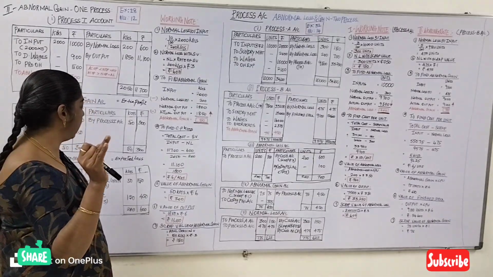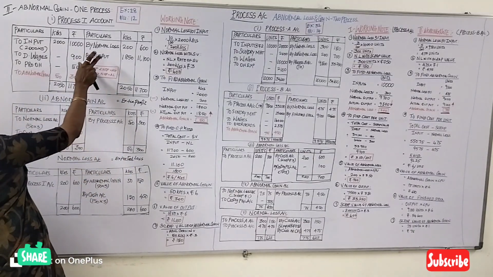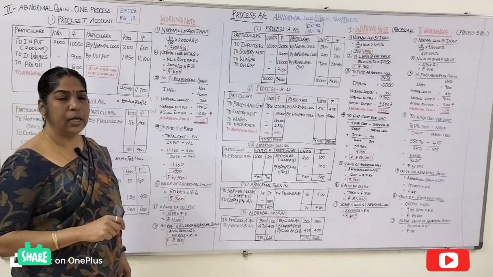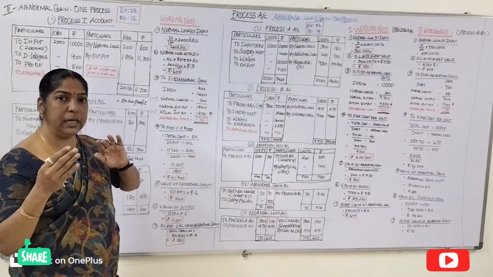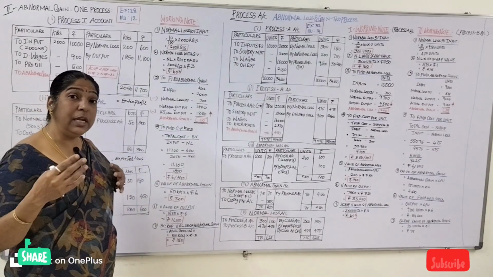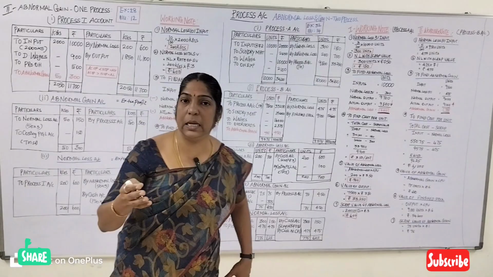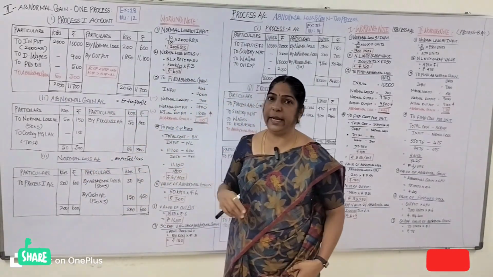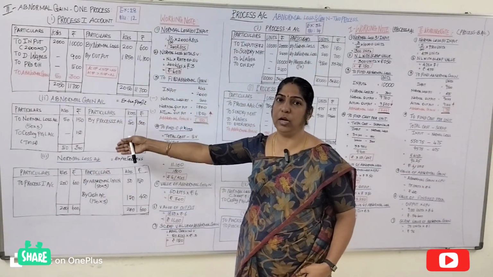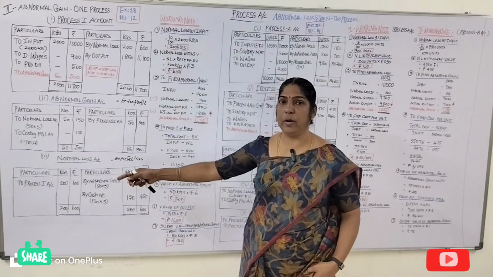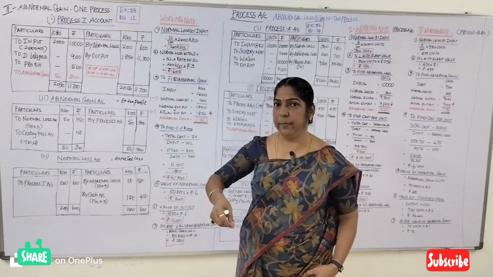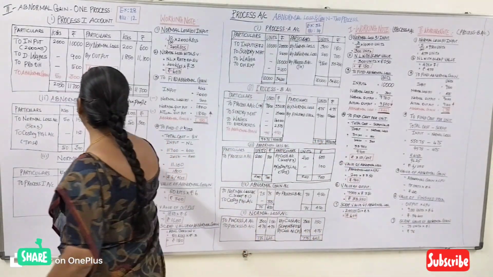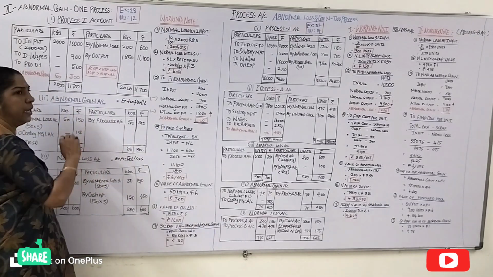Okay, so we prepared the process 1 account. If they don't ask in the question, we can easily prepare the abnormal gain account and normal loss account. It's very simple. From this question we prepare it. What is meant by abnormal gain?